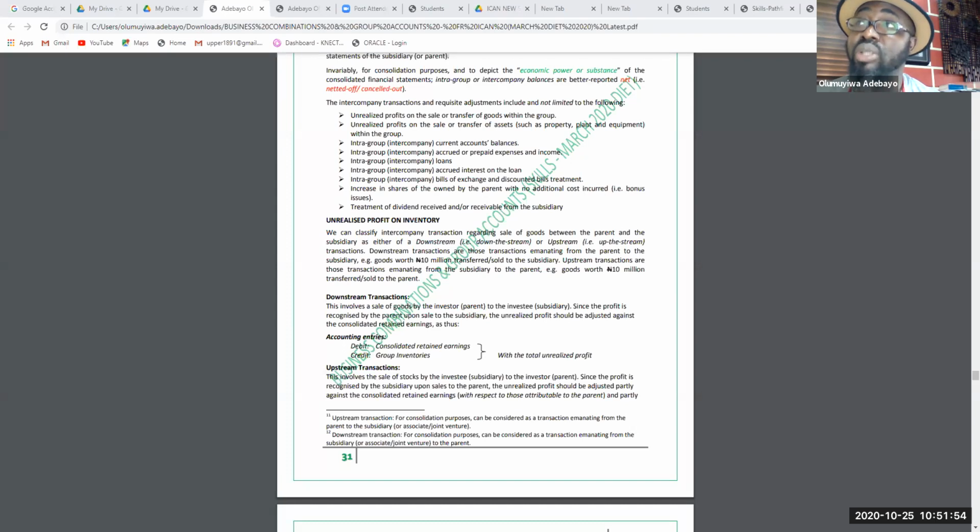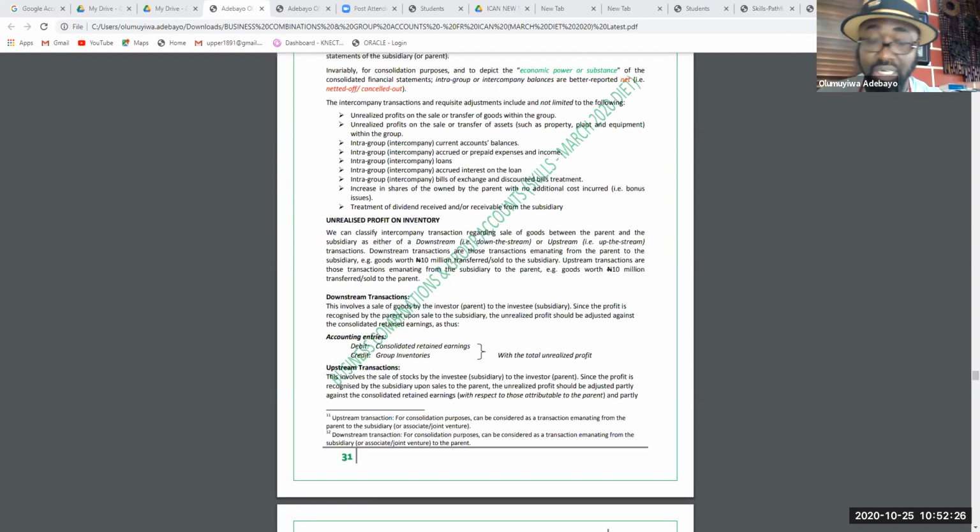When you say markup, what you are simply doing is expressing profit as a percentage of cost. And when you say margin, you are expressing profit as a percentage of sales or selling price.